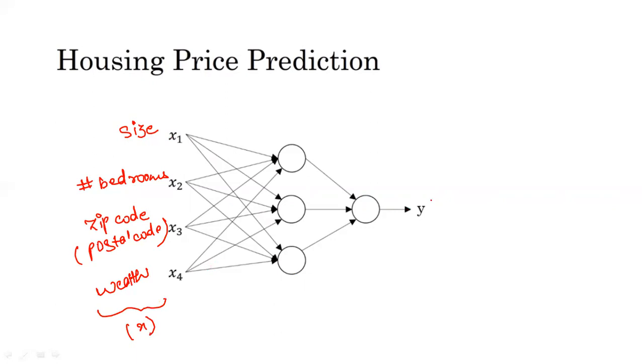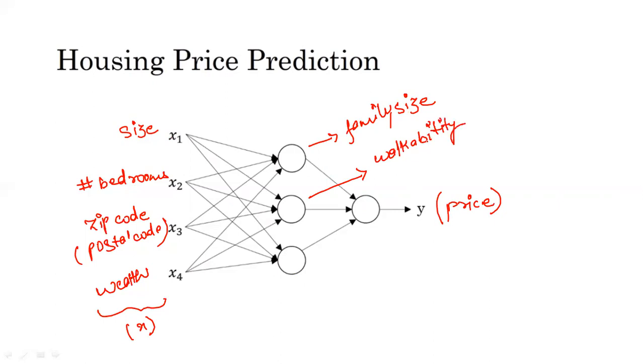And here, based on these four input features, we need to predict the output Y, that is the price of the house. What the intermediate nodes represent is: the first node represents the family size, the second node represents walkability, and the third node represents the school quality.